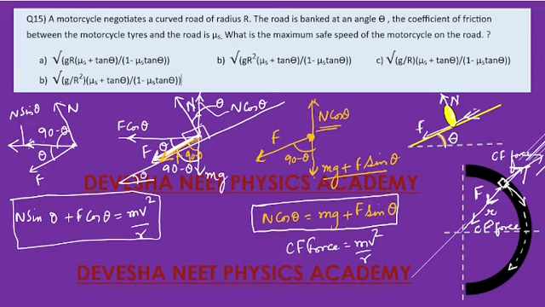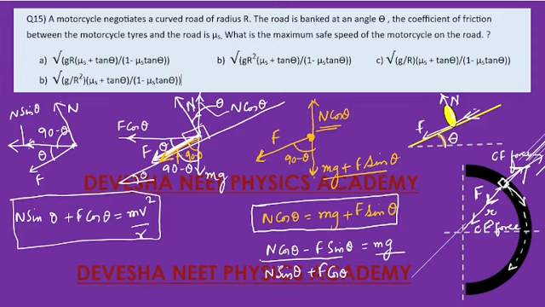If we have to solve these two equations, we have n cos theta minus f sin theta is equal to mg, and n sin theta plus f cos theta is equal to mv square by r.